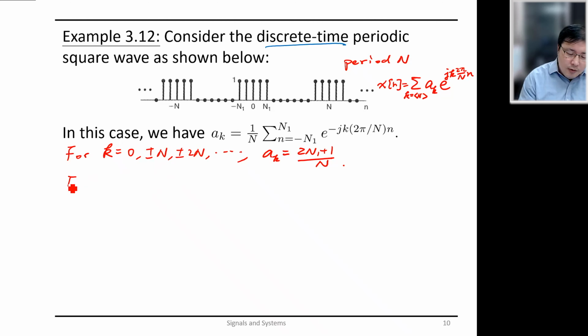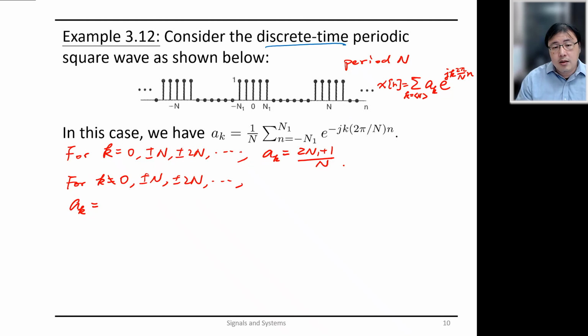Now, for the case where k is not equal to 0 or plus minus N, plus minus 2N and so on, this a_k, which is given up here, I can rewrite by a change of variable to shift the summation from minus N1 to N1, to 0 to 2N1.